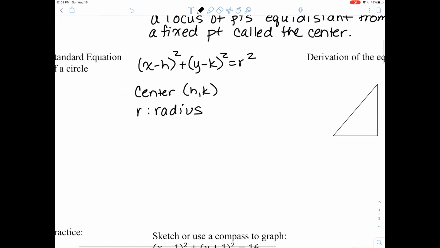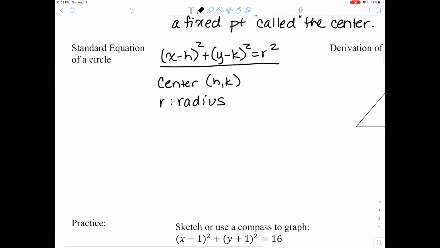Now here are the conditions that make this equation actually graph a circle and not an ellipse or a hyperbola, and it's certainly not a parabola, right? In order for an equation to graph a circle, here are the conditions that must exist. The coefficient of the x squared and the y squared must be the same.